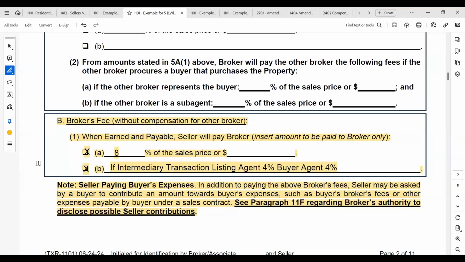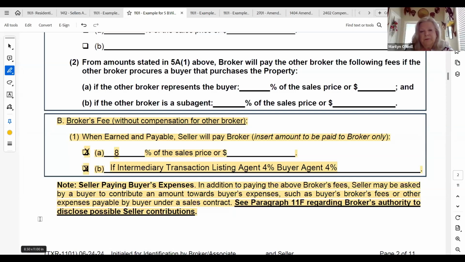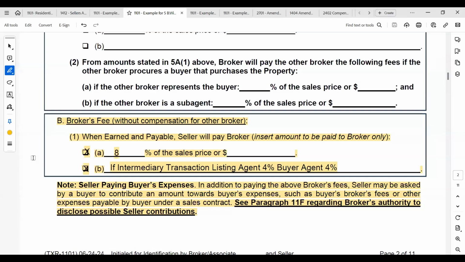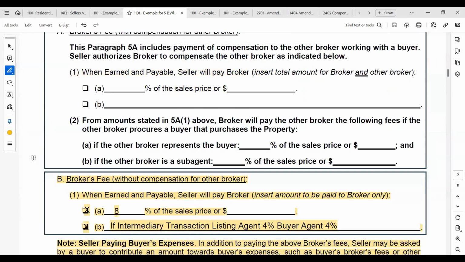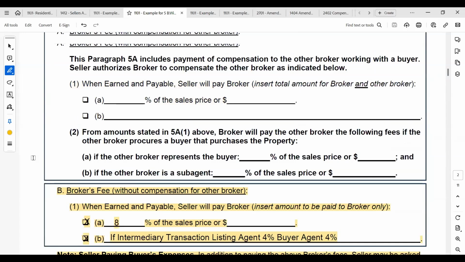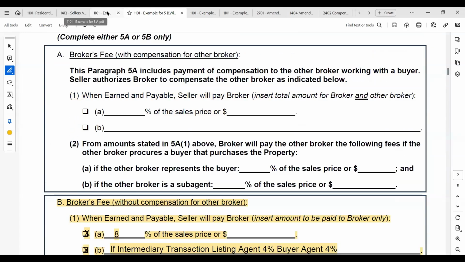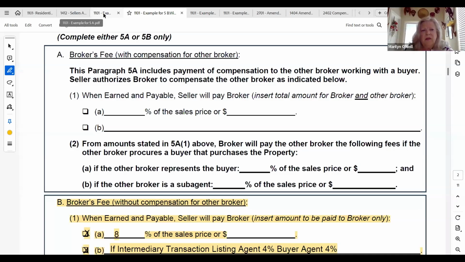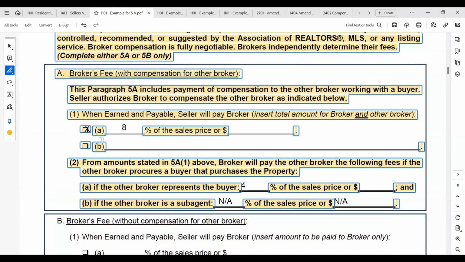Marilyn, this is Yolanda. Can I ask you a question? Still in the same 5, either A or B. Number 1 says, in this case, 100% of the sales price, correct? This is a rental, so 1 month, 100% of 1 month. No, this is the listing for sale. Should I wait to talk about a rental?